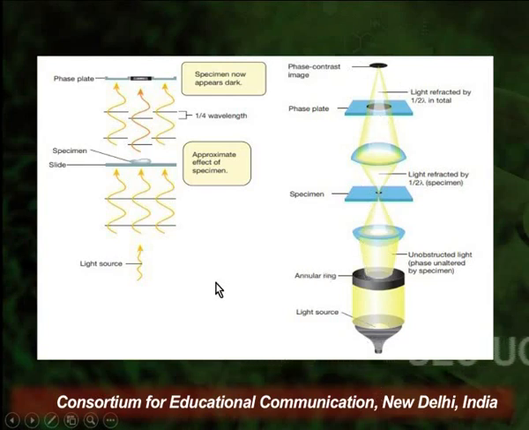So this is how any slightest change in the velocity is further enhanced and made visible in terms of brightness or darkness because of the components of the condenser and the components of the objective lens, that is the phase plate. When we observe it through our naked eye, we can see the change in brightness and darkness, and the contrast is thus enhanced.